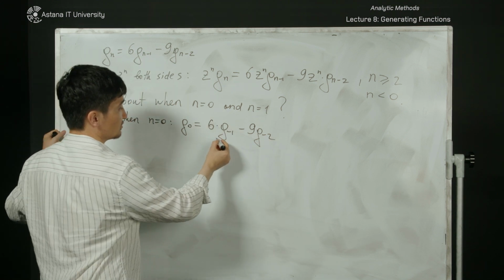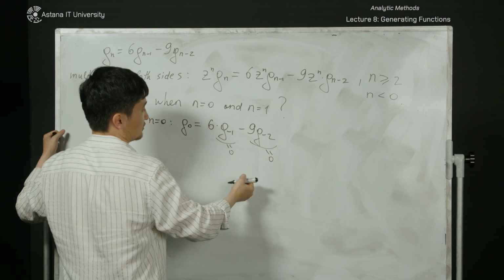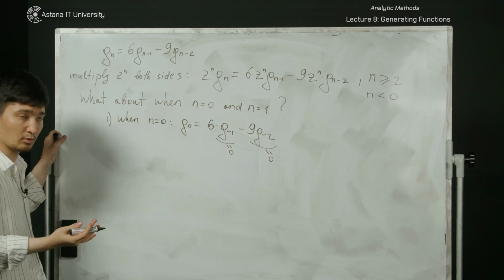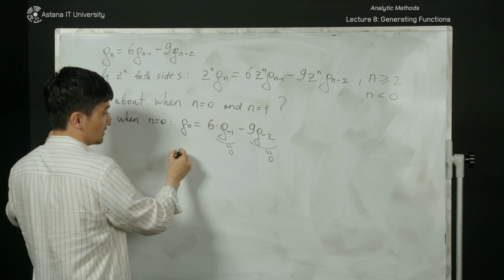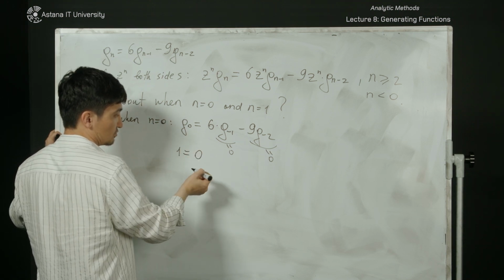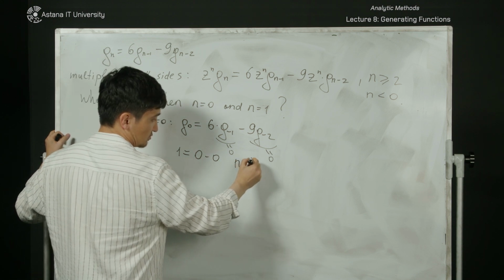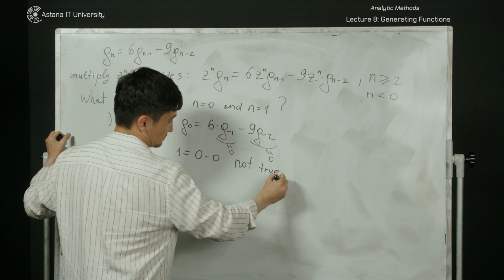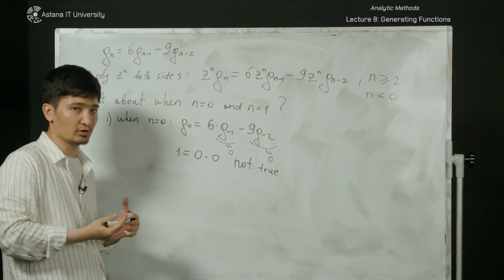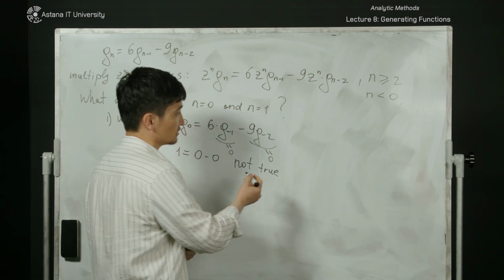By convention, both of these are equal to 0, and by the condition of the problem, g_0 is equal to 1. So I have 1 equal to 0 minus 0, which is not true. Therefore we have to make a correction.